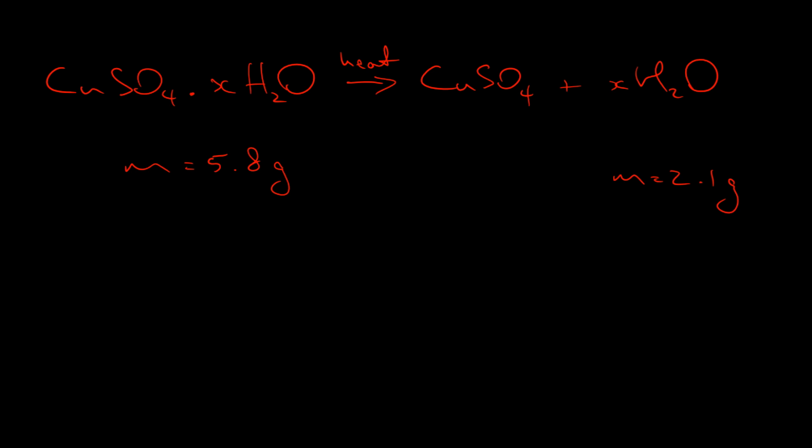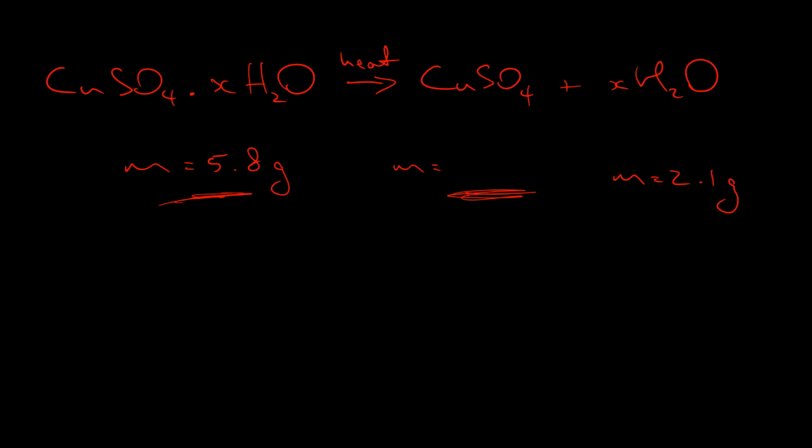And now I can actually use these numbers to determine the mass of my copper 2 sulfate, which is really what I need. The mass of the hydrated salt, this 5.8 grams, we're only going to use this once to find out what this mass is, and then we won't be using that 5.8 grams again.